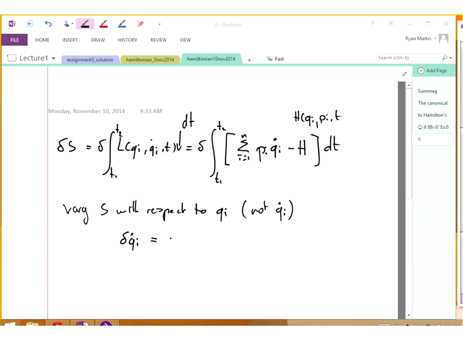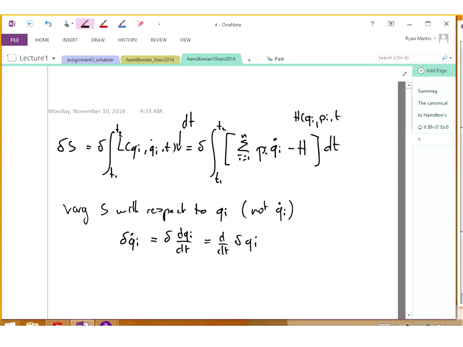And the way we got rid of them was by using the properties of the delta. So this is the same as delta of dq_i/dt. And then the delta commutes with total derivative. So that's equal to d/dt of delta q_i. So that allowed us to write the delta q_i dots in terms of the delta q_i, since we're only considering variations of the q_i.